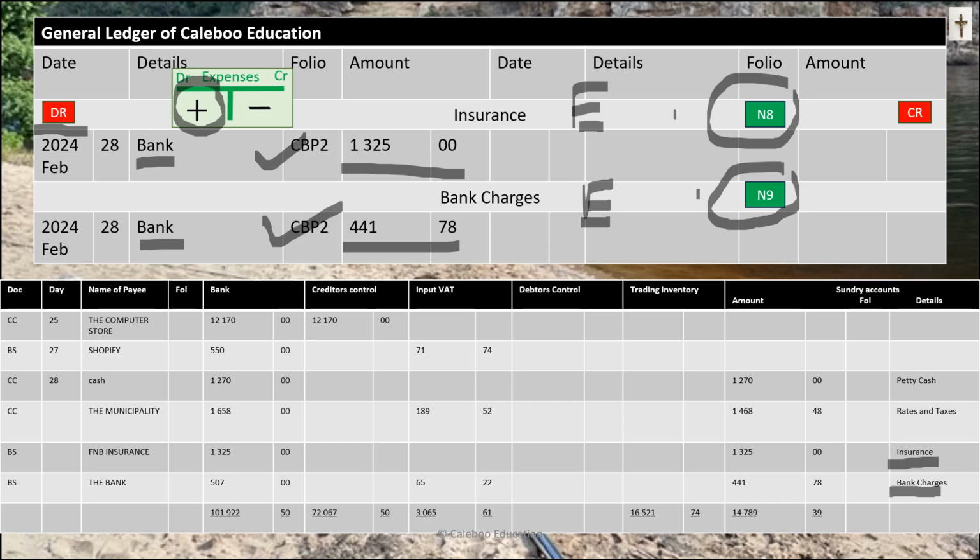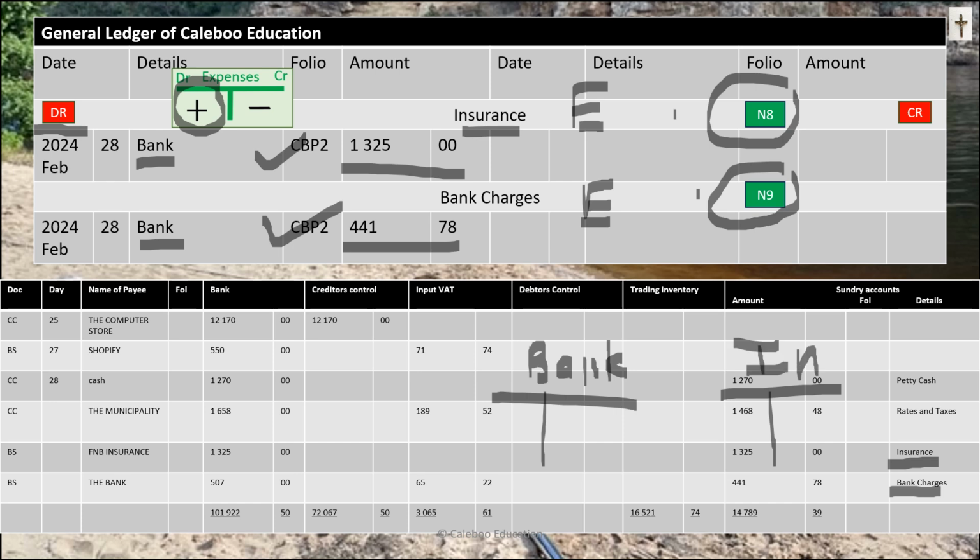When I talk about contra account, I'll explain that quickly. In this transaction, let's take for example insurance, because there's no VAT involved. If I look at that transaction in isolation, paid for insurance from our bank account, we got bank and insurance. I'm using T accounts to explain this.